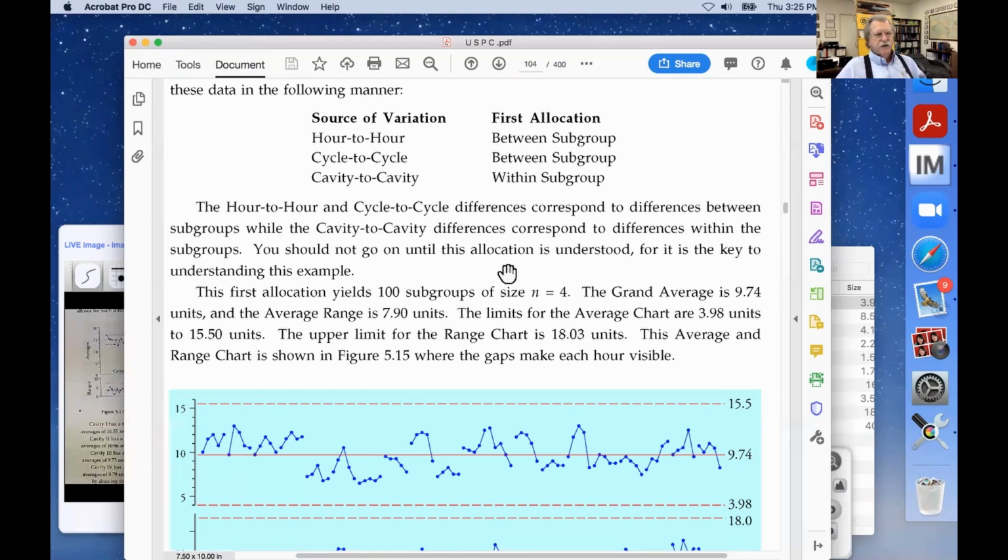Now I'm going to make a suggestion. Subgrouping requires careful thought and practice. You don't get good at this except by practice, and we're going to practice it in the examples that follow. One person told me that page 100 to 115 was the heart of the book, and I think he's right.